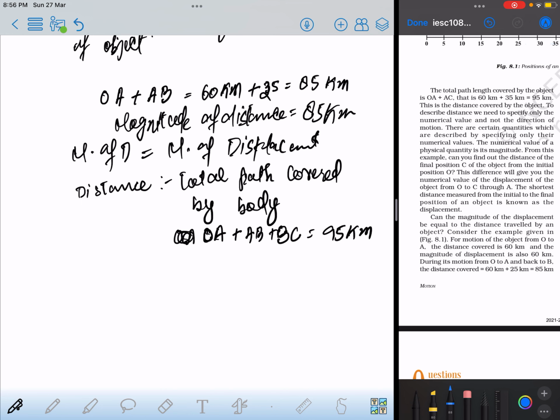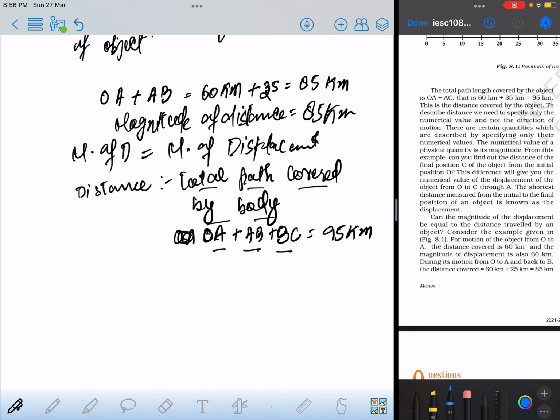So we said that this is the distance. Actually, we are adding up the paths which are traveled by the body, so we are taking the sum of the values. So this is the total path covered by the body. I hope you got it.